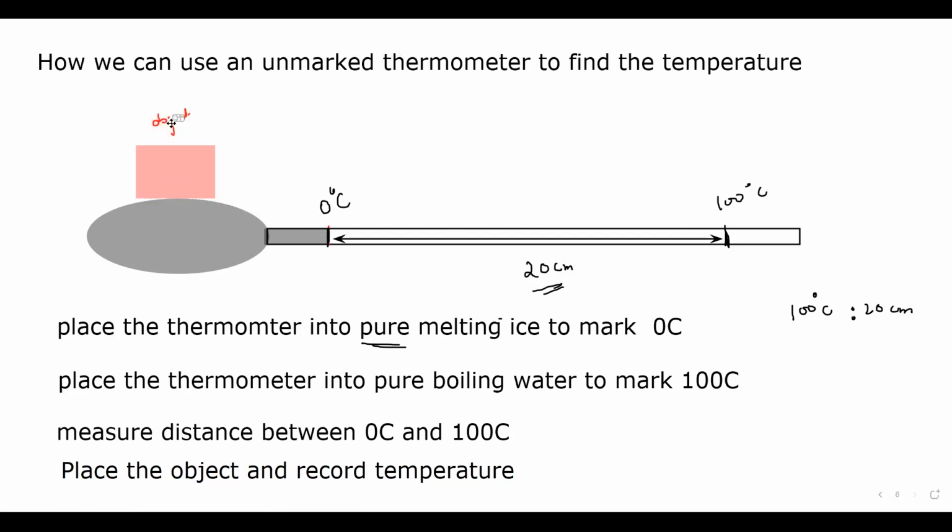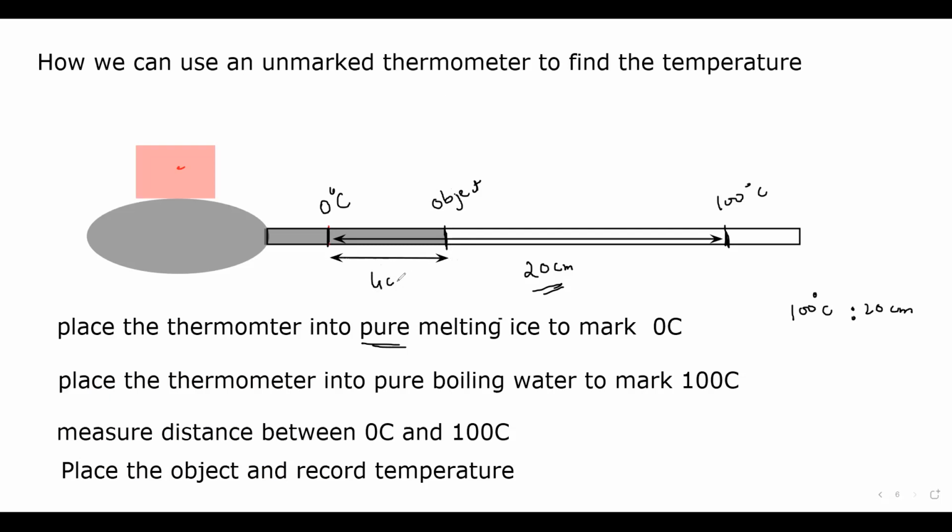When we place this object, the level of the liquid rises to this level, to a new position. So we will measure the distance from 0 degree to the position where the level rises when the object is placed.